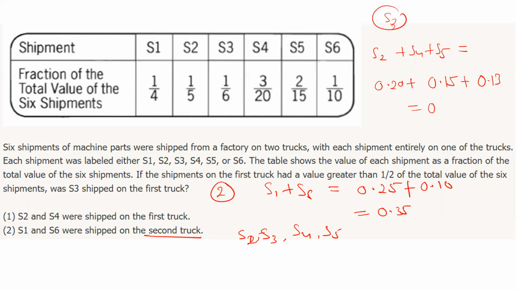If we add all of them, it comes to 0.48, which is not greater than 0.50. It clearly indicates that in truck number 1, S3 should be there, because if S3 is not there, the value will not be greater than 0.50. So statement number 2 alone is sufficient to give the answer, because as per statement number 2, S3 should always be included in the first truck.